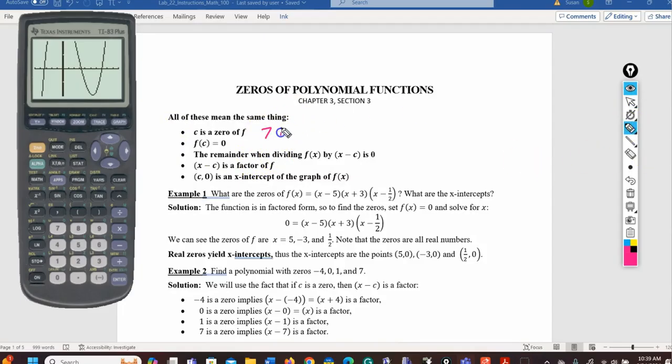I know that 7 is a 0. And so now, the remainder when dividing f of x by x minus 7 is 0. So if I set this up with synthetic division, I should get a 0 there, and here it's going to give me the quotient. And I should be able to factor f, which is what I'm going to do.